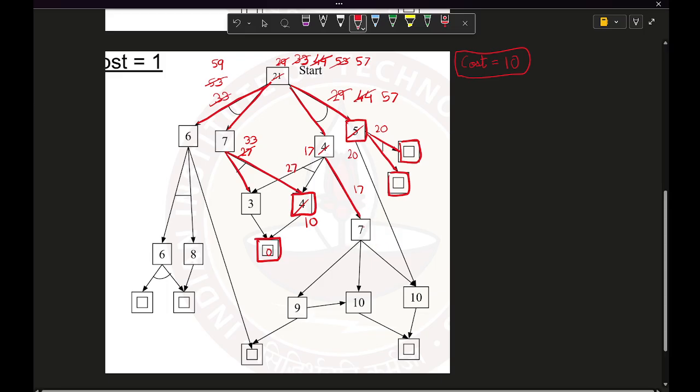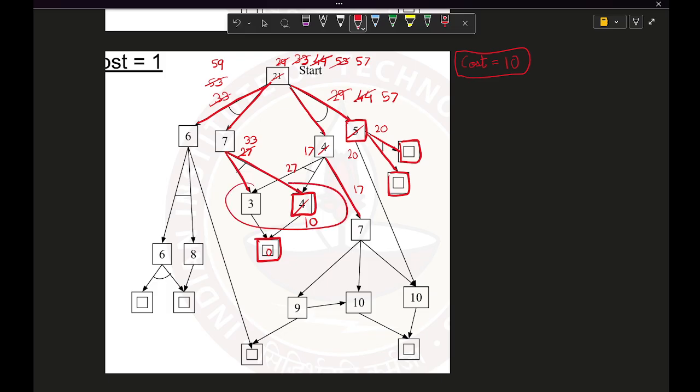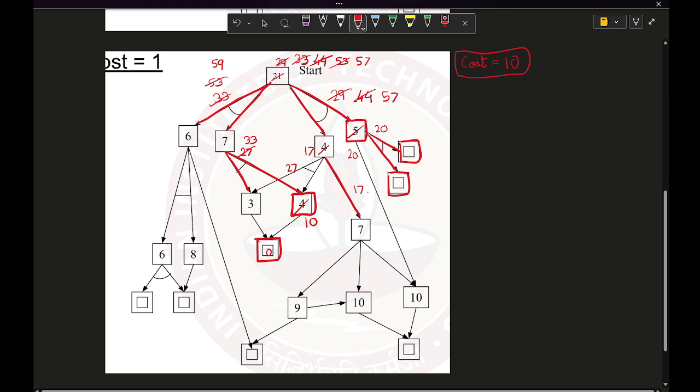And so this is 3 plus, or no. I'm wondering why do we not consider this again? Because this is 27, a higher value. Yes, but the updated cost is 3 plus 10, the updated cost is 33 now.